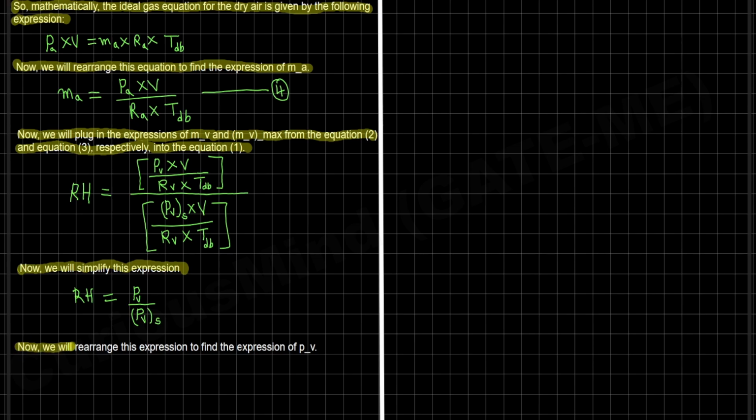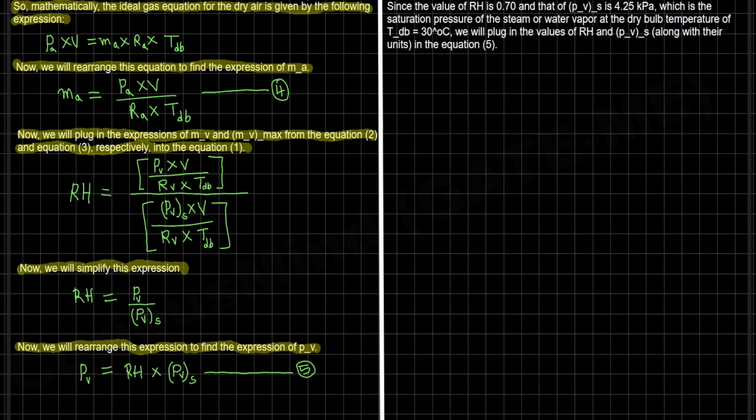Now we will rearrange this expression to find the expression of PV. So after rearranging this expression, we got the expression of PV, which is given by this equation number 5.